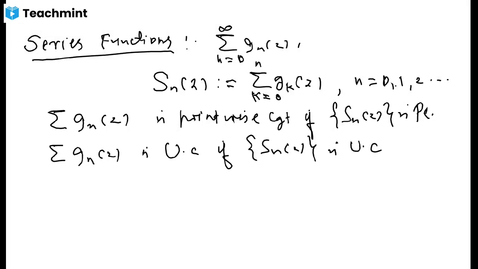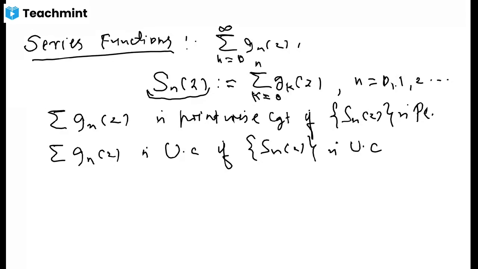Obviously, all the properties under uniform convergence, like continuity and integration, are preserved, because the convergence of a series is related to the convergence of a sequence. If each function of this series is continuous, then each term of the partial sums will also be continuous, because it is a finite sum of continuous functions, and a sum of continuous functions is continuous.